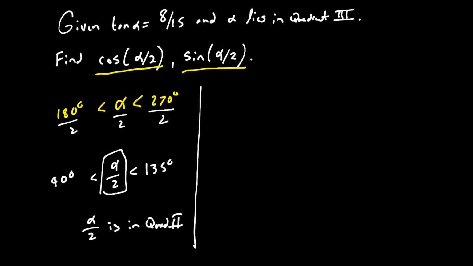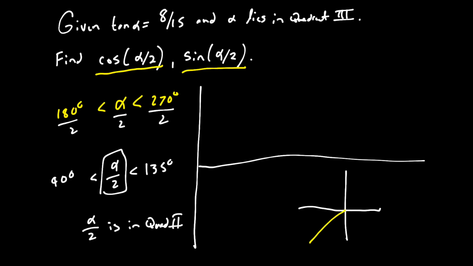So let's go ahead and now draw the right triangle. Again, we know that alpha lies in the third quadrant. So here's our alpha, and we can form a right triangle from this angle.